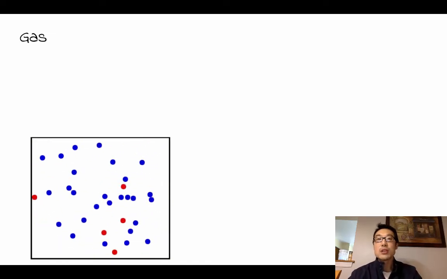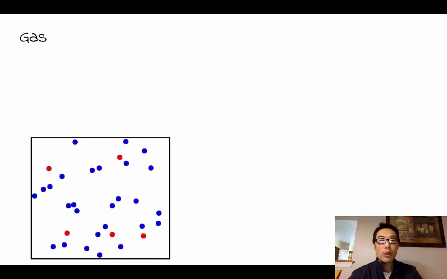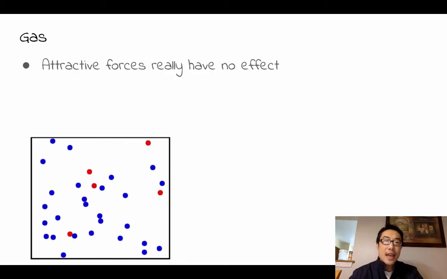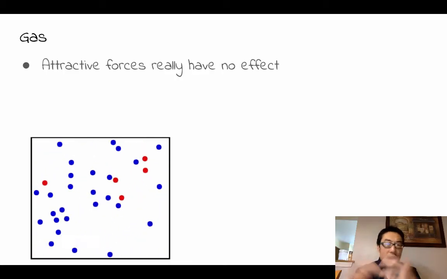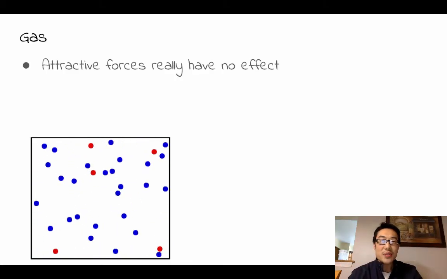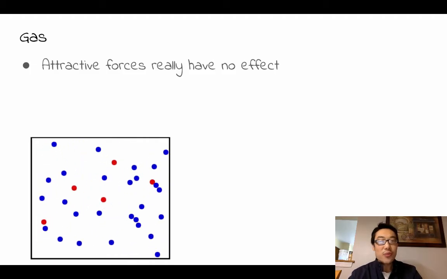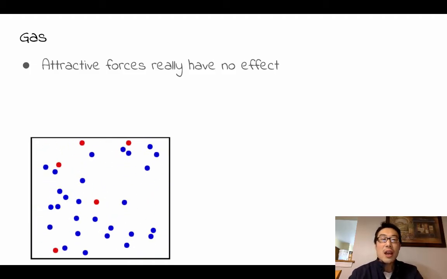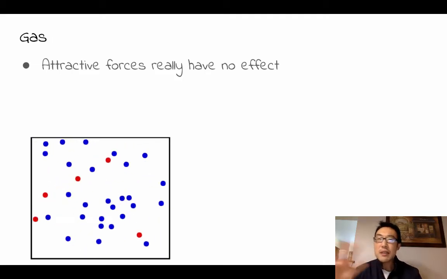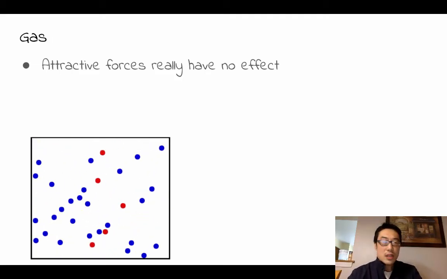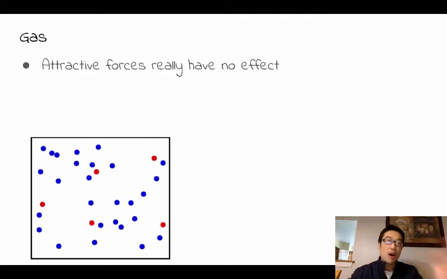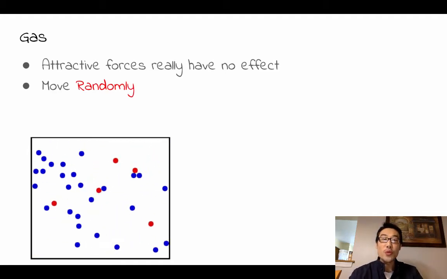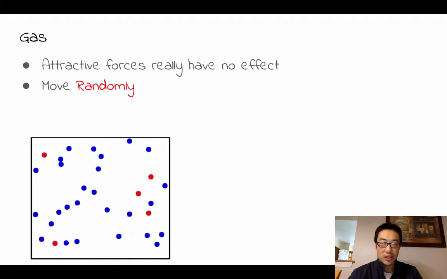Next thing we have are gases. Now, this unit will be focusing mainly on gases, so pay attention. Gases, the attractive forces really have no effect on each other. The intermolecular forces don't really bother them. So what they do is they just collide and they bounce off of each other. They move randomly. Once again, the keyword randomly.